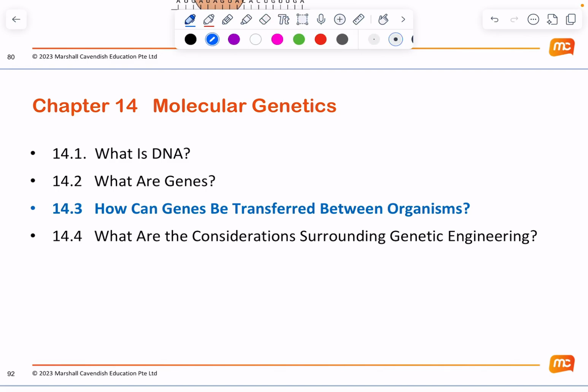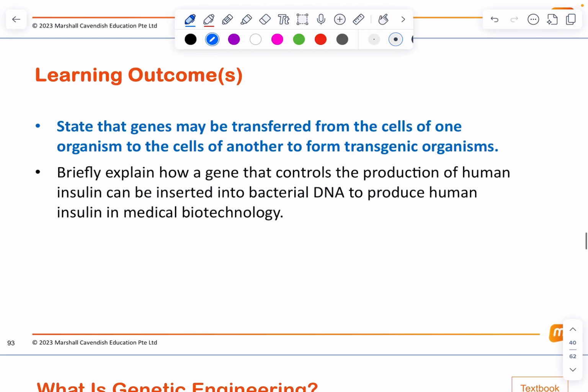Okay, so now we are covering more on the next part, which is molecular genetics: how genes can be transferred between organisms and what are some of the ethical considerations surrounding genetic engineering. So, what do we mean by these particular stages? We want to understand that genes can be transferred from one cell to another cell to form a transgenic organism.